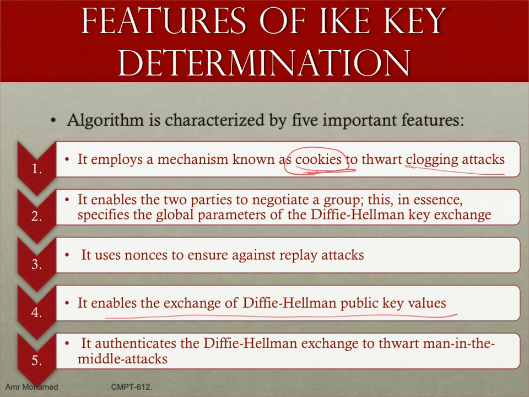So what else? Of course, the same mechanism uses some kind of authentication, and as we will see, they authenticate using certificates. So authentication again mitigates the man in the middle attack, which is not done by the Diffie-Hellman. Then we have, of course, nonces as well. Nonces are numbers generated once, or numbers used only once.